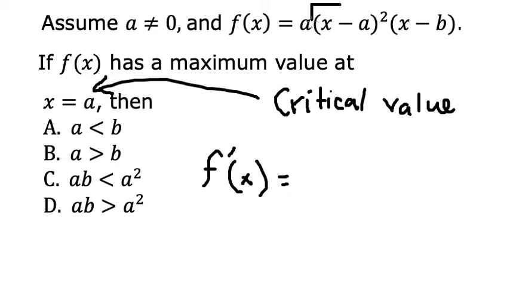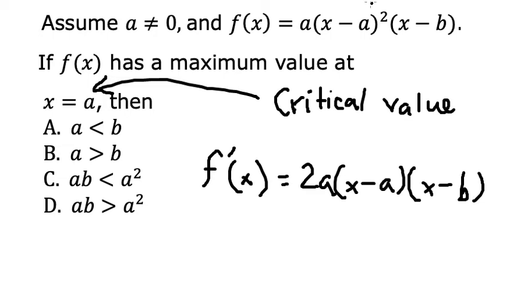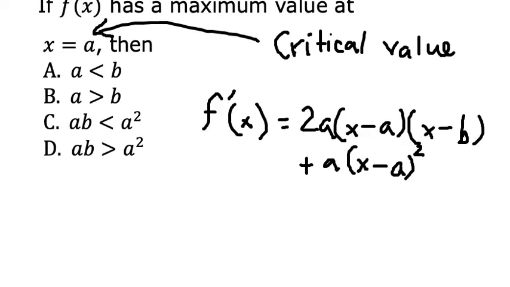So we first take the derivative of (s minus a) to the power of 2. We have 2a times (s minus a), times (s minus b). Later we take the derivative of (s minus b), and we have number 1. Now we have a times (s minus a).